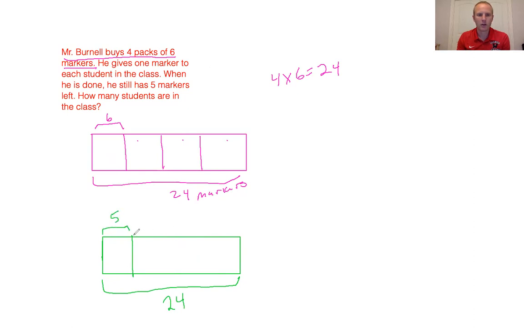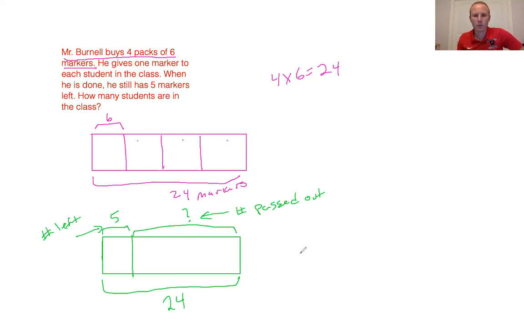And what I need to figure out is this piece. How many did I actually give out? So this is the number left, and this is the number I passed out. And if you add those 2 up, the number that I gave out and the number that I have left, that's going to add up to the total, which is 24.